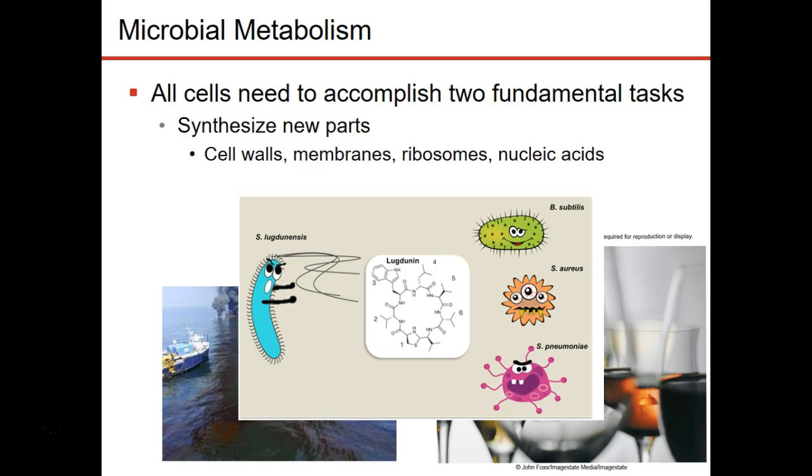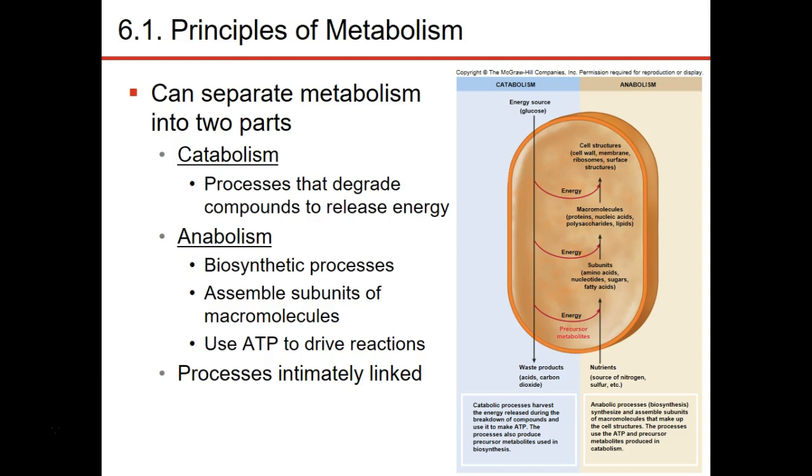And so I got all of these images off of Google Images. And this species produces lugdunin, which is very effective at killing off certain bacterial species that could be considered pathogens in the right environment.